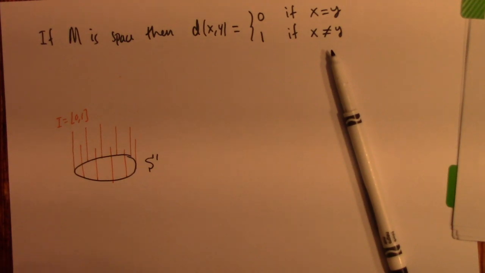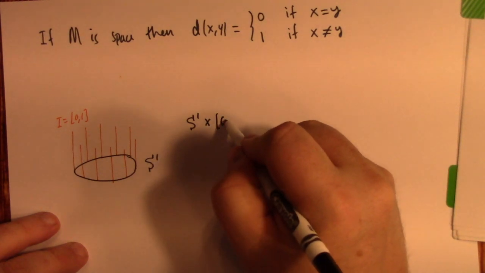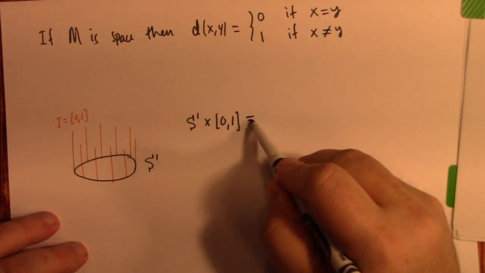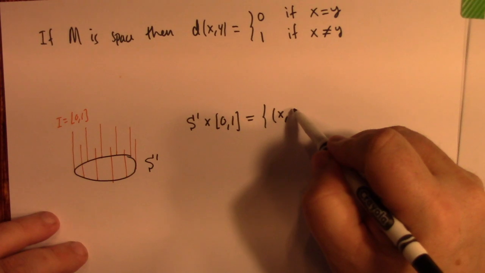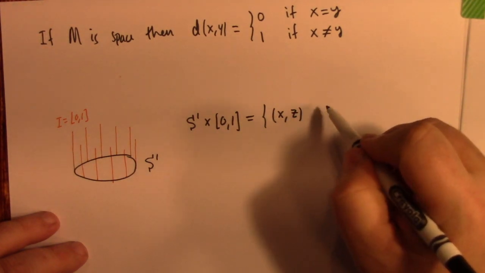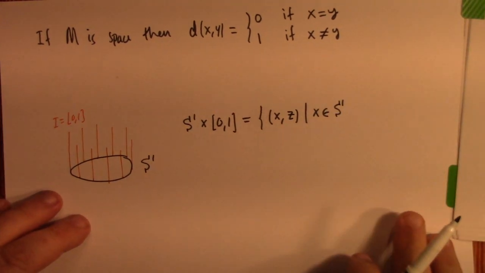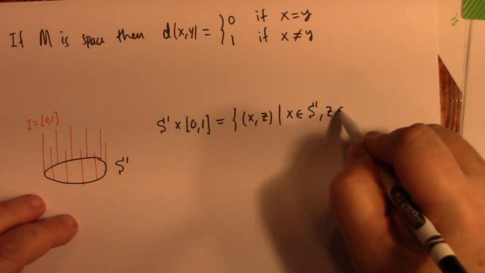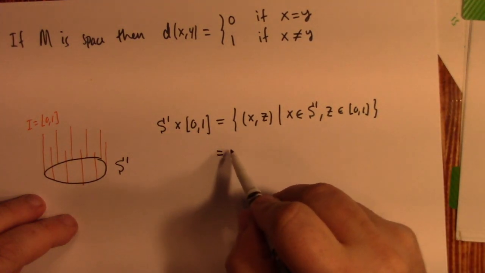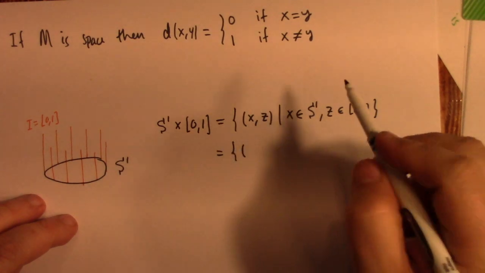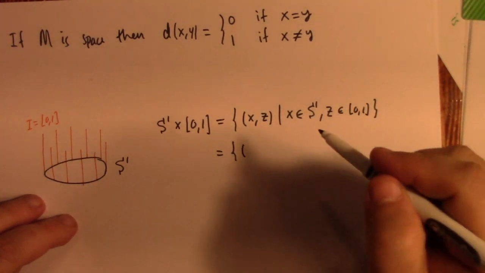So if I do S1 Cartesian product 0, 1, what that would mean is pairs x comma, let's call it z, such that x is in S1 and z is an element of 0 to 1. Now, expanding that a bit, here's one of those places where I'm going to identify a pair of a pair with a triple.